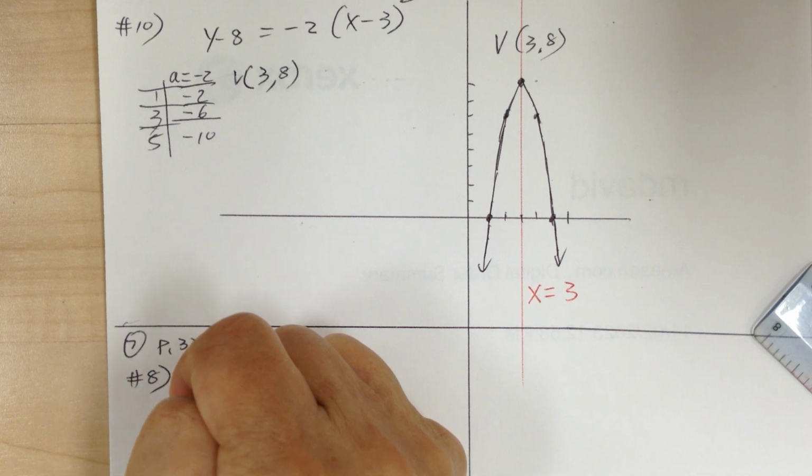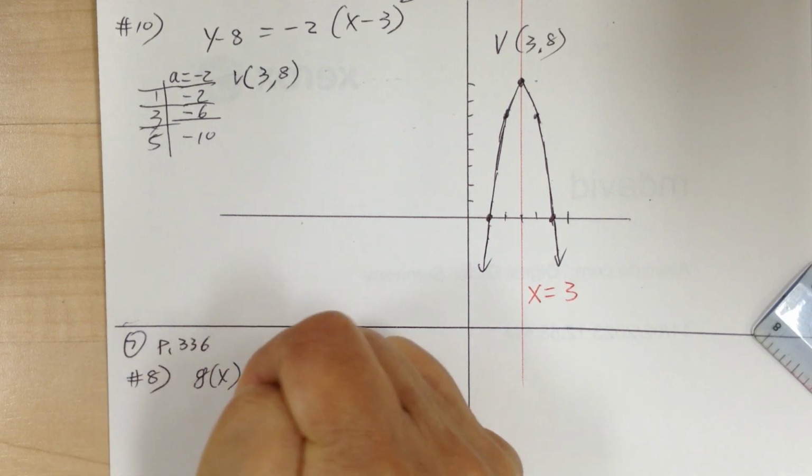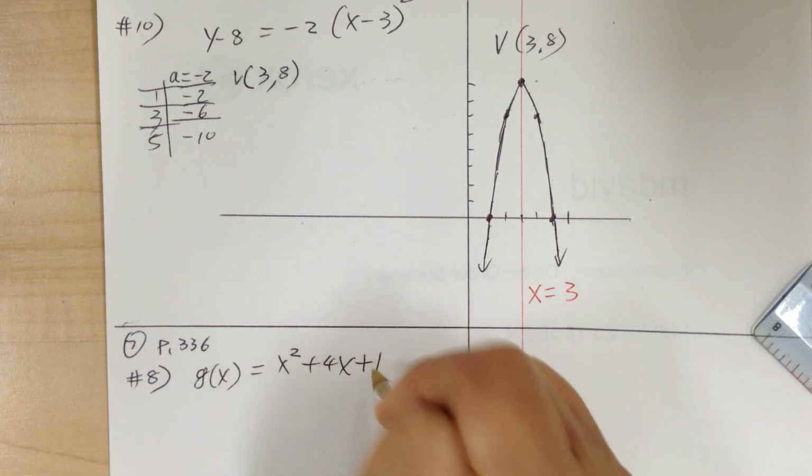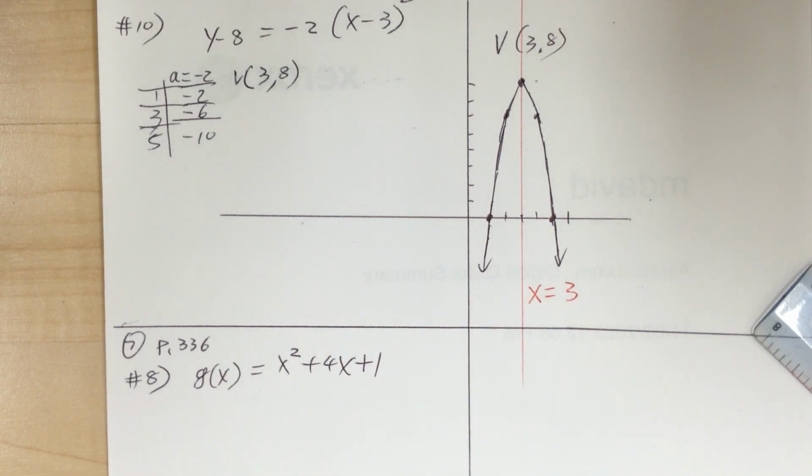So you have g of x equal to x squared plus 4x plus 1, and you want to graph. So this one you want to go and make into the perfect squares.